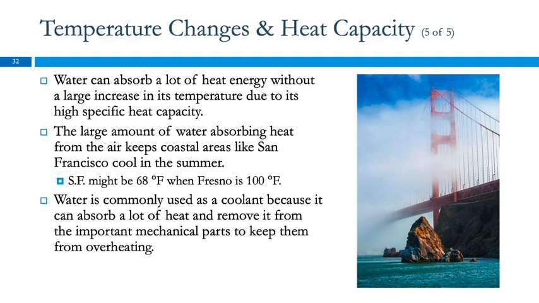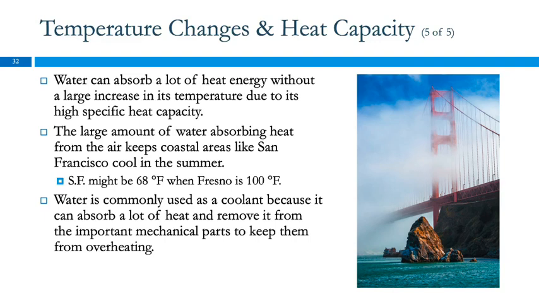So the bay and the ocean absorb a lot of that heat without changing temperature much. When the sun goes down and stops sending its rays to the earth, then the air cools down, and now heat flows the other direction because the air is cooler, and so the water then releases heat into the air and keeps the air from getting as cold.